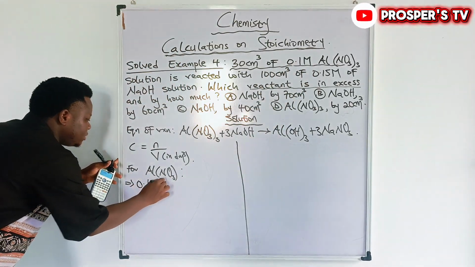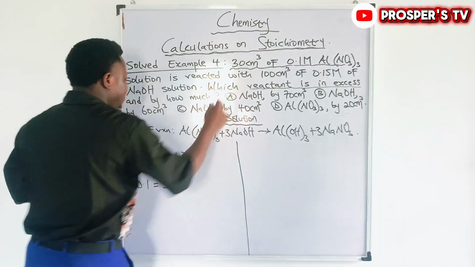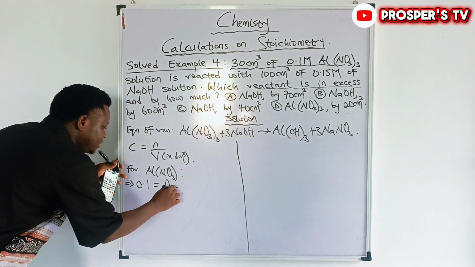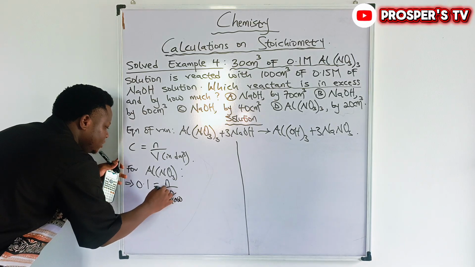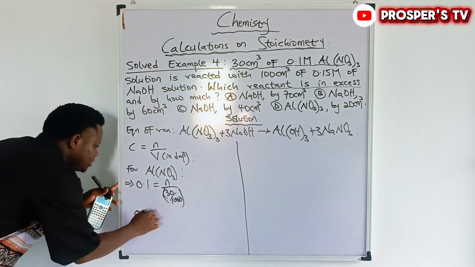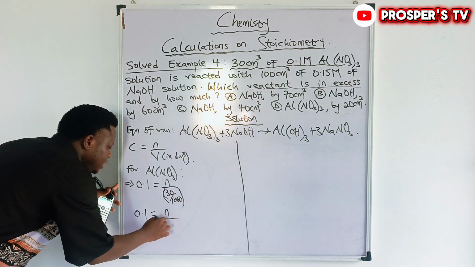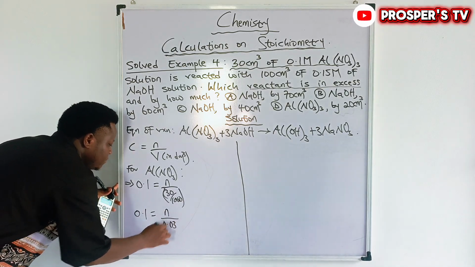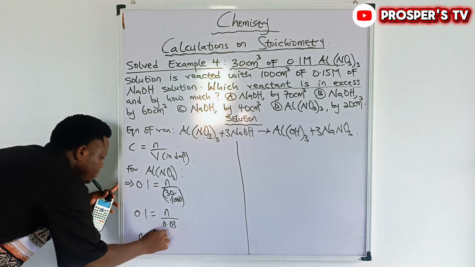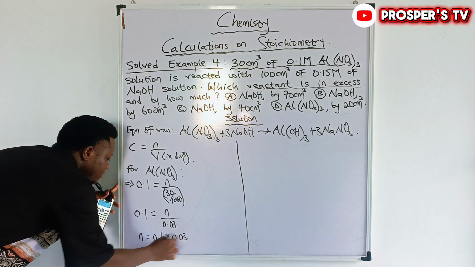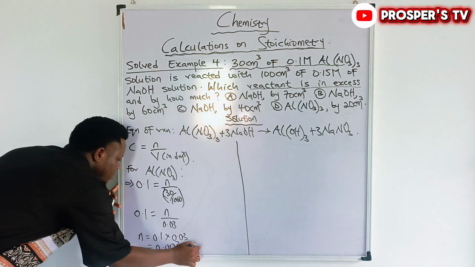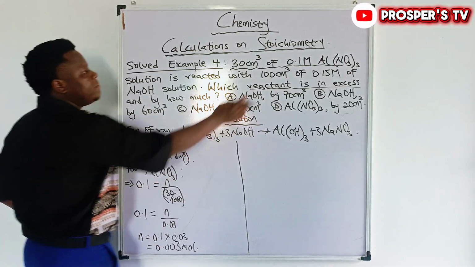So we say 0.1 is equal to N over, the volume is 30 centimeter cube, but we are converting. So you say 30 divided by 1000. Remember. So that gives you 0.1 is equal to N over 0.03. So if you cross multiply, your N becomes 0.1 times 0.03, which is 0.003 moles.